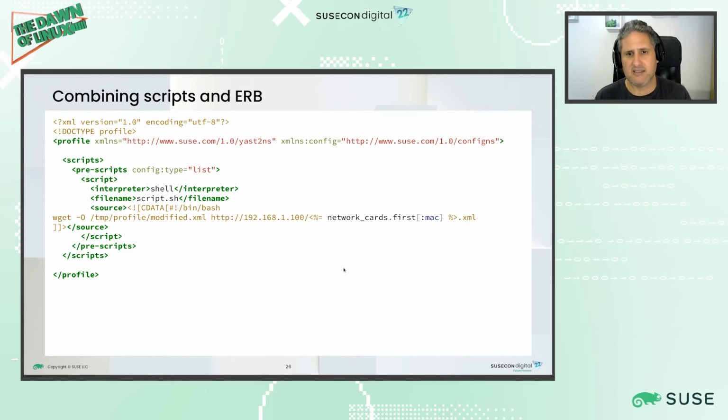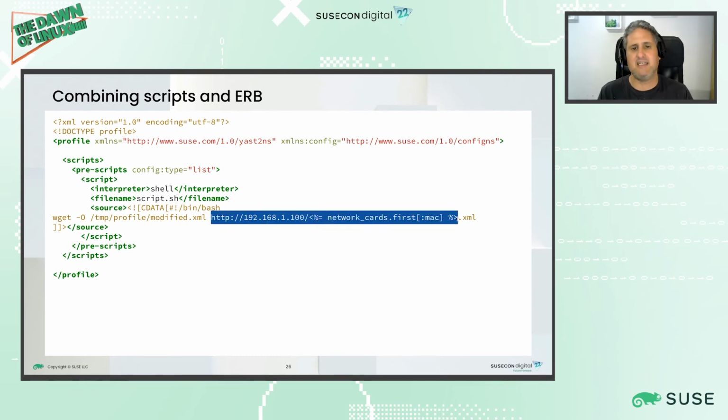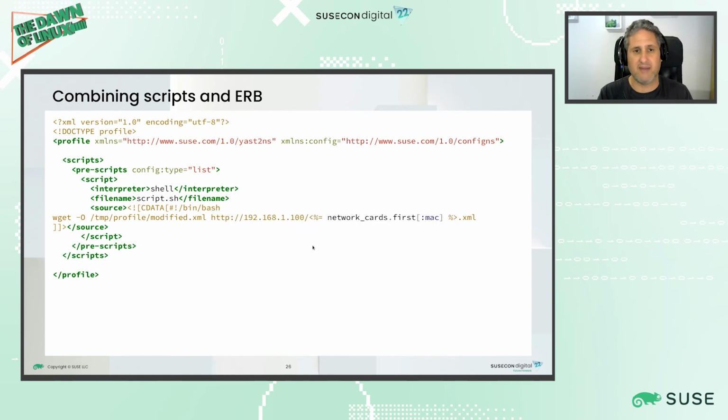We could, for instance, try to locate the first network card, take the MAC address, and use it to retrieve a profile that has the same name as my MAC address. So I'm basically injecting some value from my helpers in a prescript, and it's going to work.